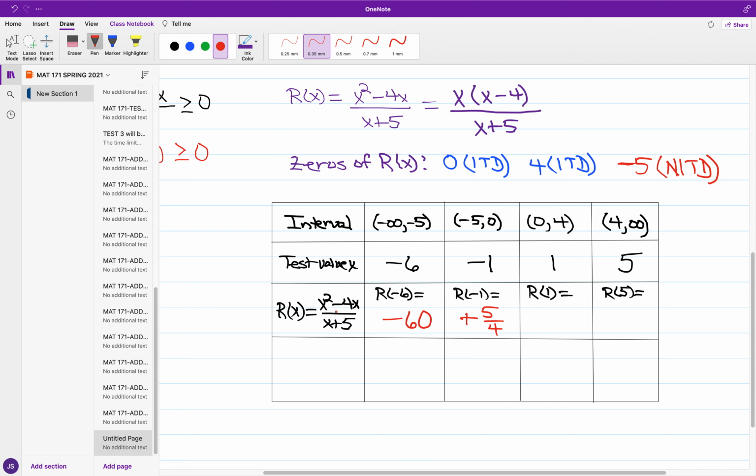For r of 1, we have 1 minus 4 is negative 3, and 1 plus 5 is 6. Negative 3/6 reduces to negative 1/2. For r of 5, 5 plus 5 is 10, and 5 squared is 25 minus 20 is 5. 5/10 is a positive 1/2.